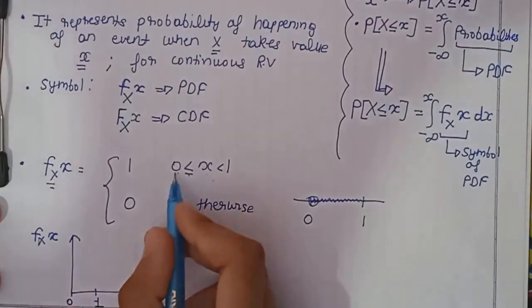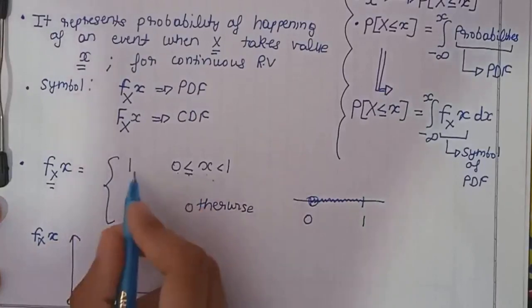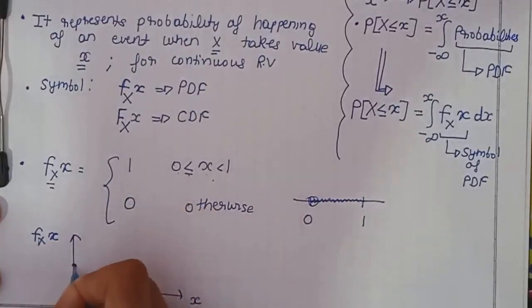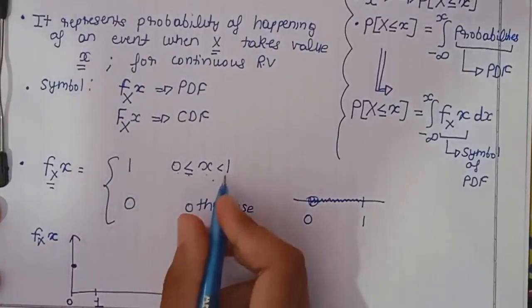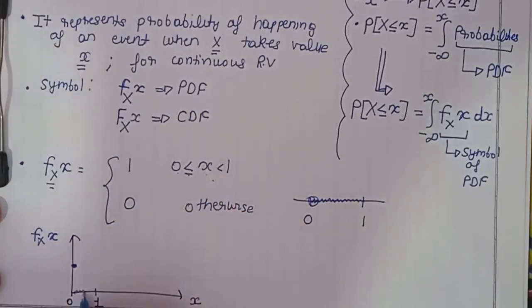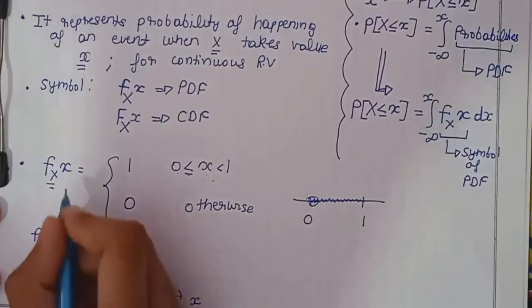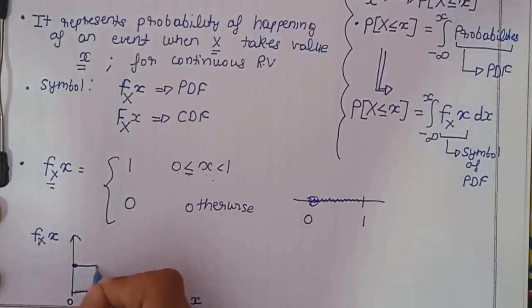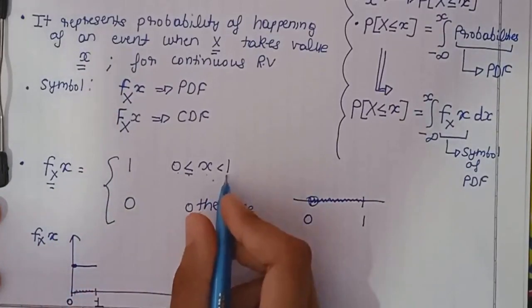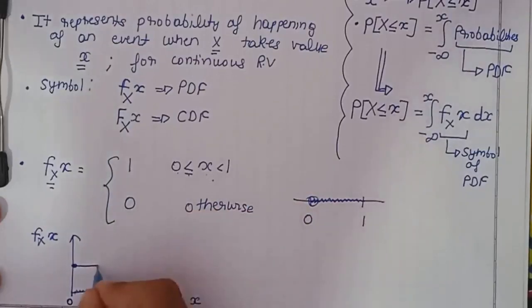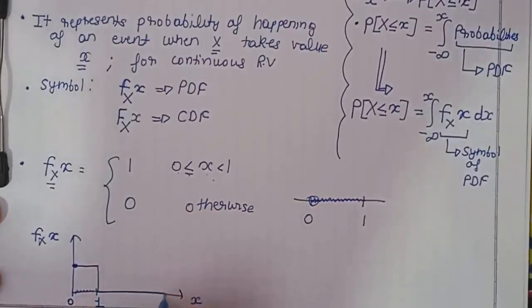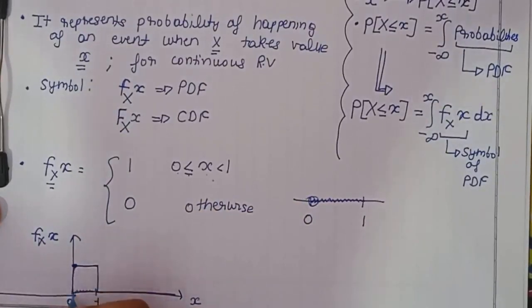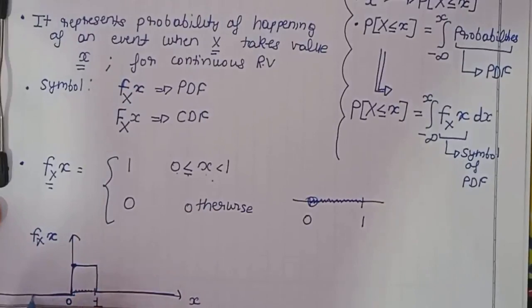So at 0 the PDF value is equal to 1, and till 1, for all the real number values between 0 and 1, the PDF value remains 1. So the graph would be like this, and at 1 again the value comes out to be 0, and for all other points it remains 0. So this would be the graph. For negative points also the value will be 0.